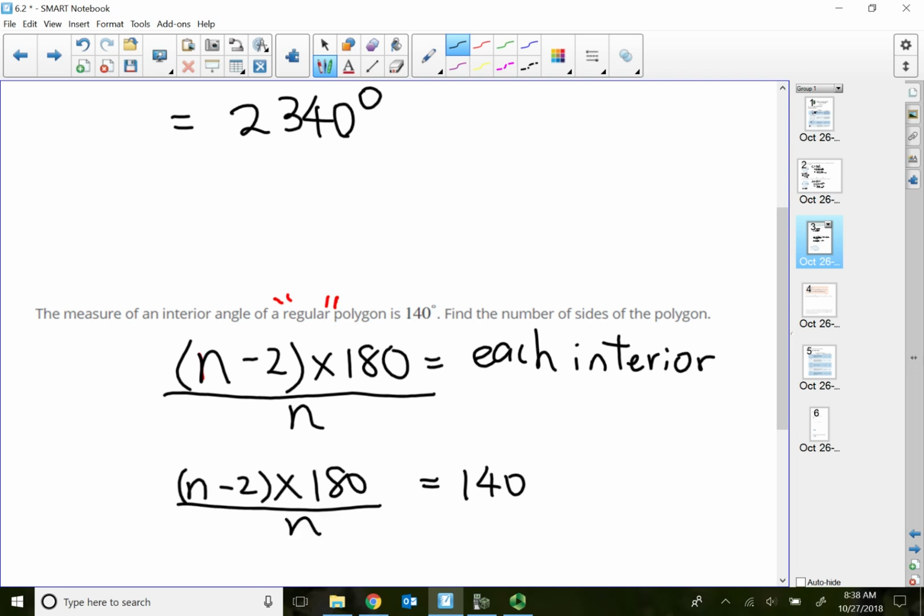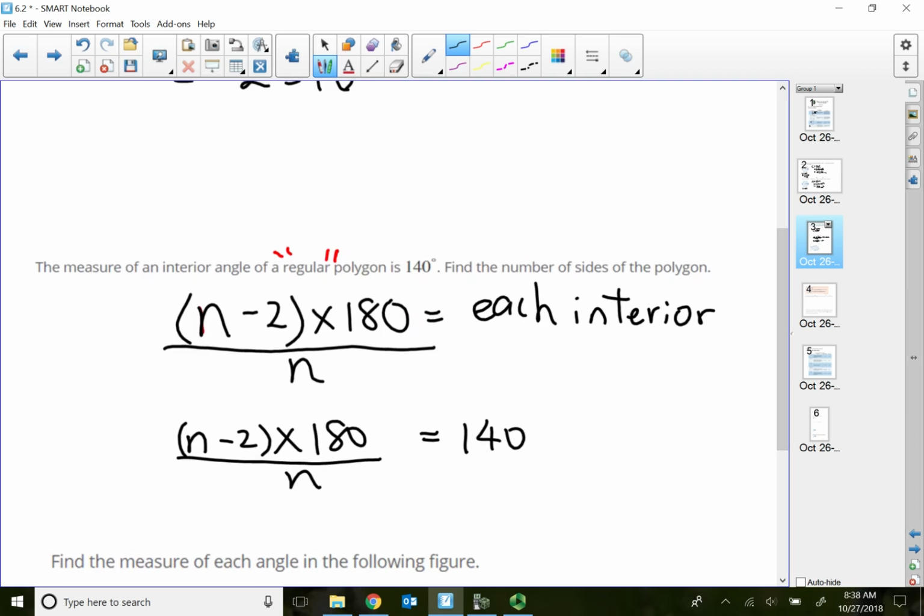So let's solve for n. Looking at this equation, the whole left side is only one term. To get rid of the fraction, we multiply both sides by n, because n over 1 times the fraction means the top n and bottom n cancel out.